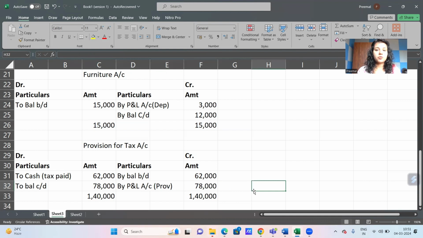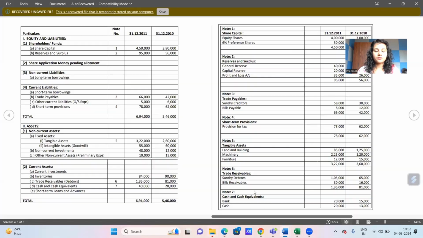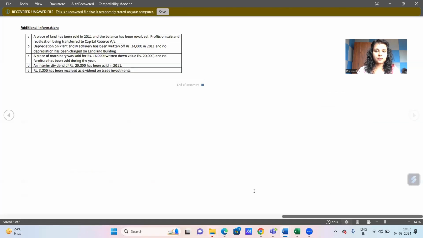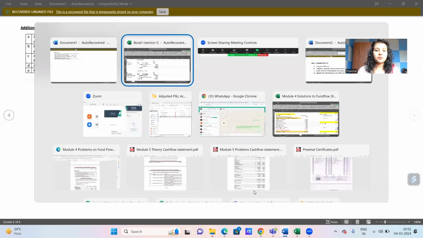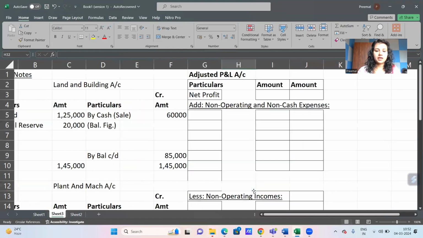But in case of this problem where no information about tax paid and provision made are given, you consider the opening balance as the amount of tax paid and closing balance as the amount of provision made. So with these steps, we've completed preparing the working notes. Now let's start preparing the adjusted P&L account.